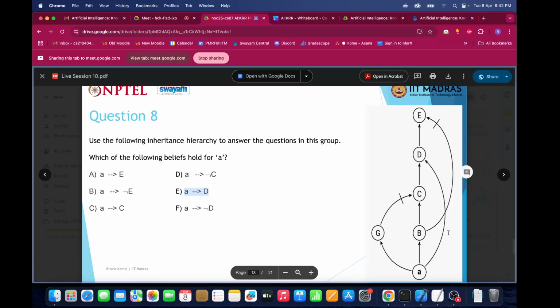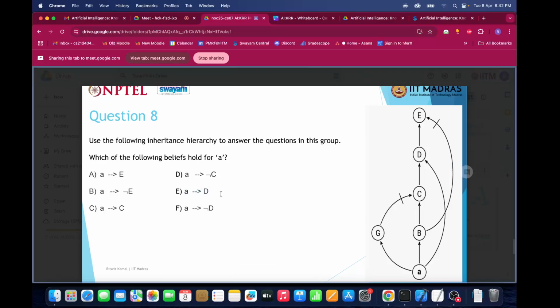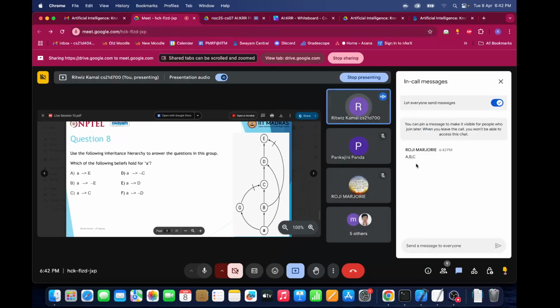Either we can go directly from A to D or A to B to C to D. So we can say that A is a B, B is a C, and C is a D. So by consecutive transitive relations, A is also a D, right? So this belief seems to be true. And remember what we discussed in one of the earlier questions, that there might be contradicting beliefs that could be true in the same inheritance hierarchy.